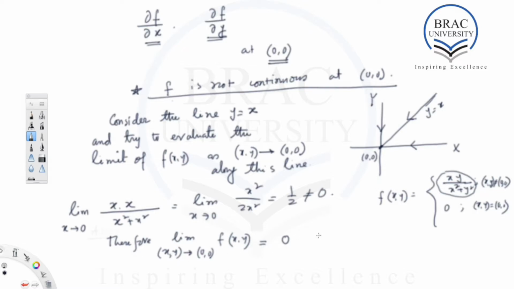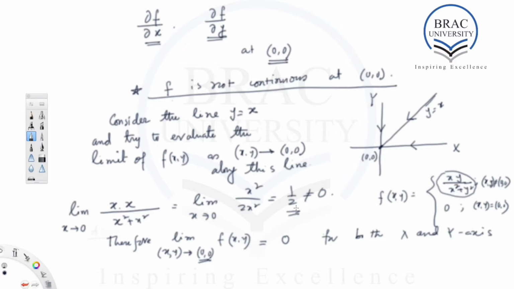So this is 0 for both the x and y-axis. If you approach (0, 0) lying on either the x-axis or the y-axis, you get the limit equal to 0. This is what we have seen earlier, and we have seen that if we find the limit lying on the line y equal to x, the limit is 1/2.